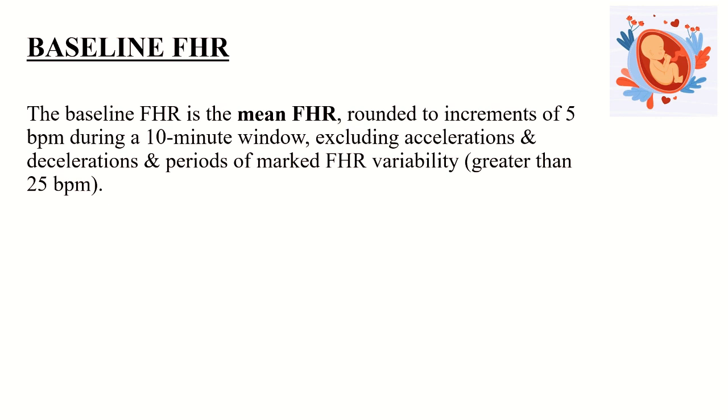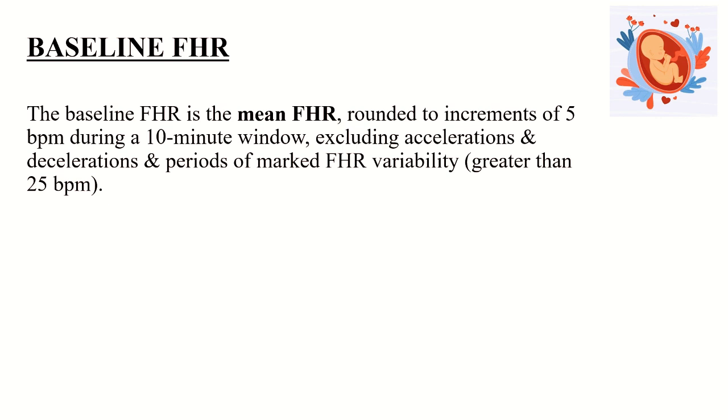So we have to take the average of the fetal heart rate for a period of 10 minutes, but in this 10 minutes we need to exclude the acceleration and the deceleration or the variability that is greater than 25 beats per minute. Acceleration, deceleration and variability we will understand in the further slides.